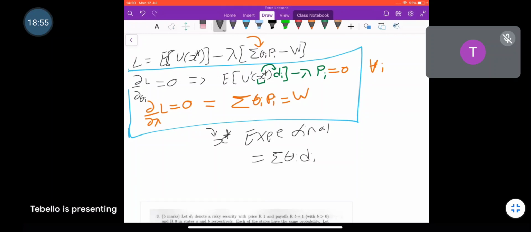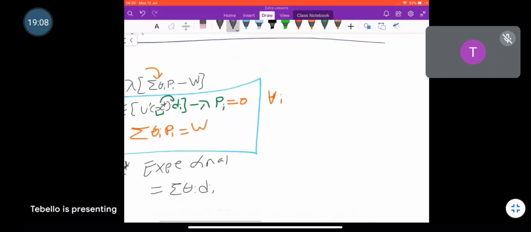Actually, the states are the ones which will have the probabilities. Let's say you have 2 states.